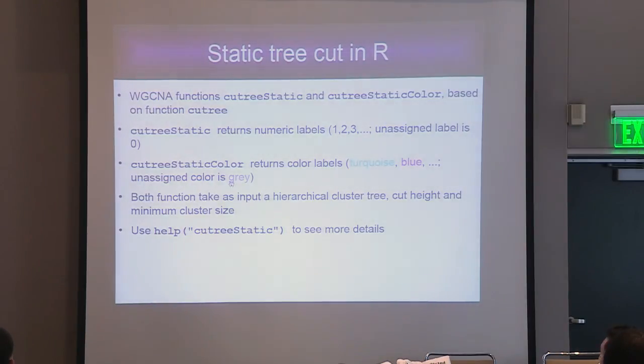That's just a convention. The color version of the function returns color labels instead. So what you would get as number 1 from cutreeStatic becomes literally the label turquoise. Number 2 is the label blue, and so on. There are other colors. And instead of number 0, you get the color gray for the unassigned objects.